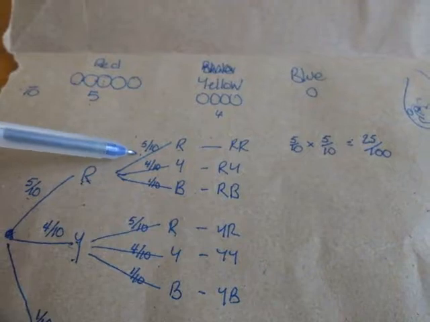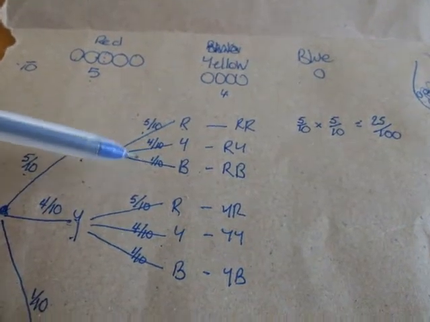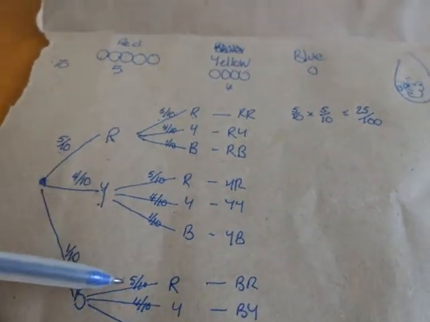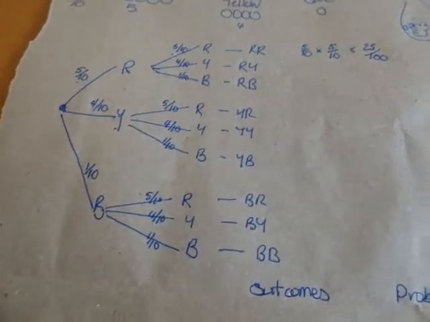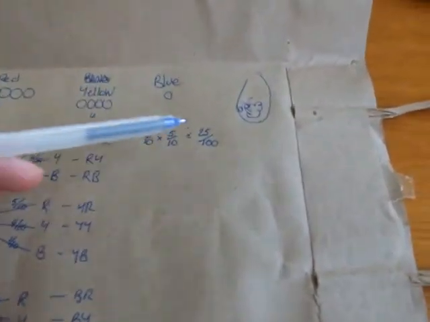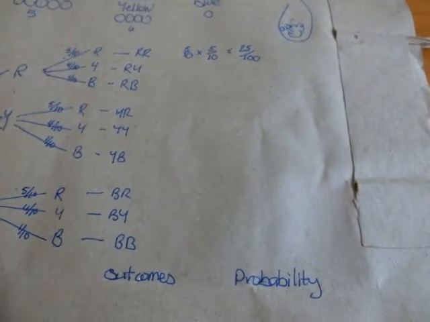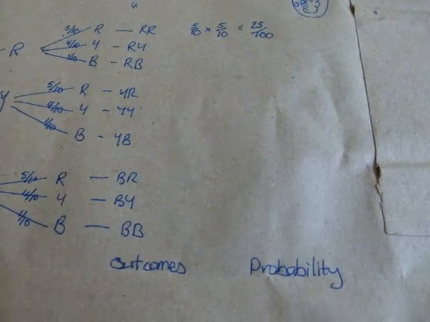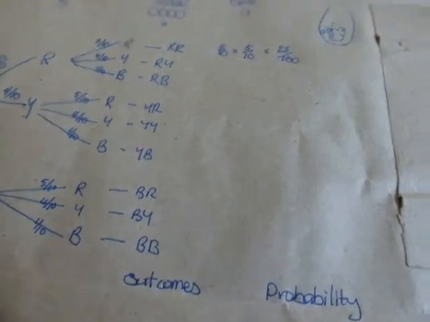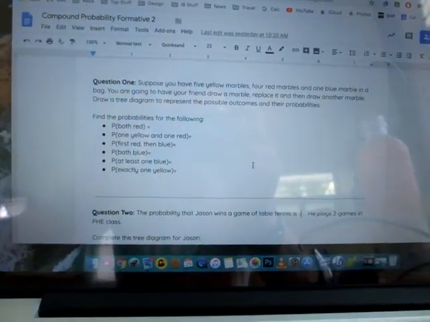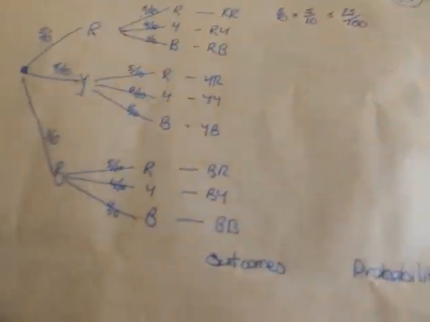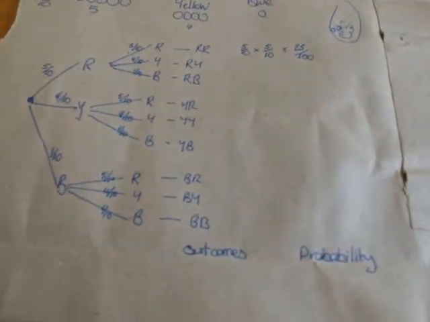And up here again, 5, 4, and 1 is 10. If I multiply all of these numbers together and add them all together down here, I'll get 100 out of 100. But I'm not going to do that because the question doesn't ask me to do it. The question asks me to find these ones, which I will do next. But that is how to do the tree diagram.